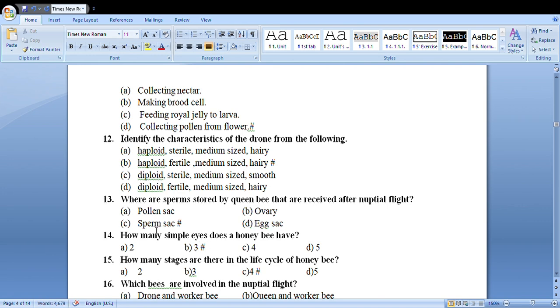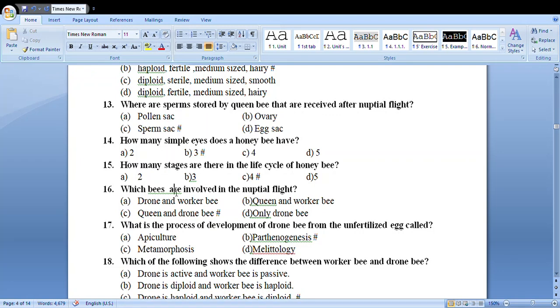Sperm sac. Queen bee contains sperm sac, and the sperm sac is used to store the sperm by the queen bee. How many simple eyes does a honeybee have? Obviously 3. How many stages are there in the life cycle of honeybee? Obviously 4 stages. Egg, larva, pupa, adult.